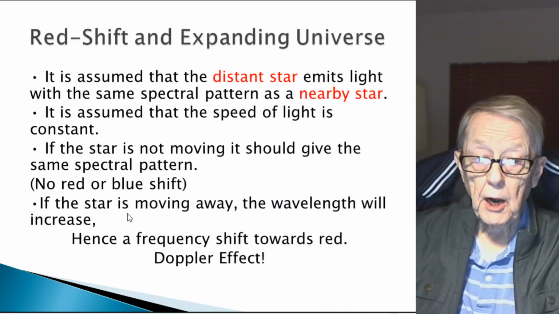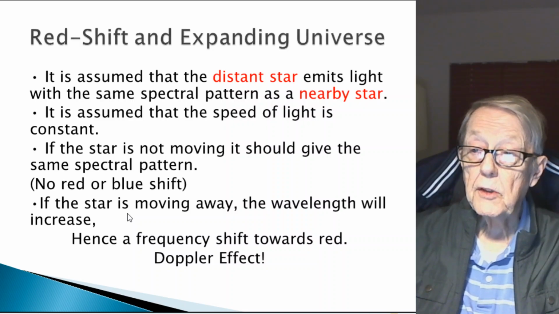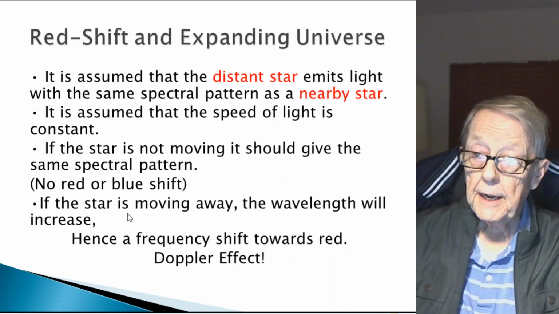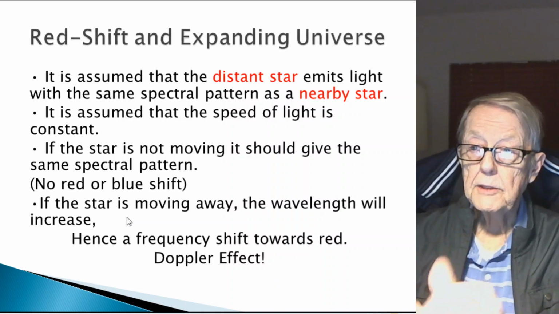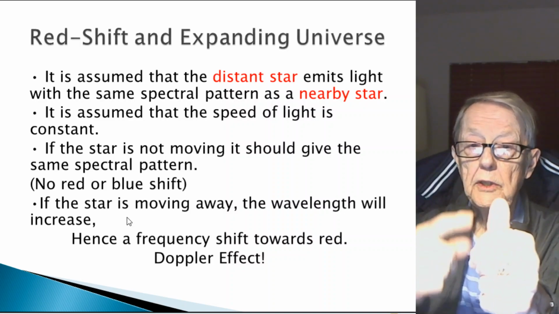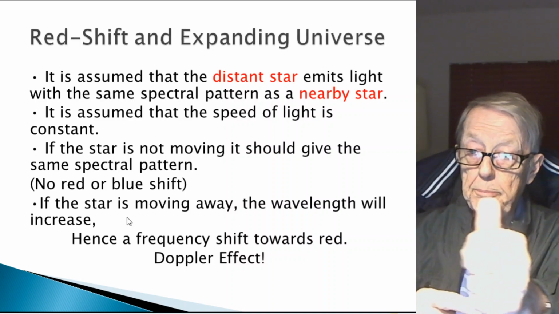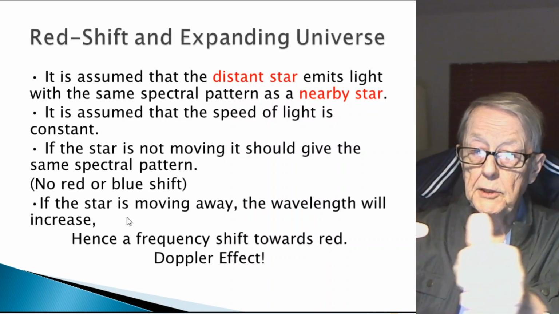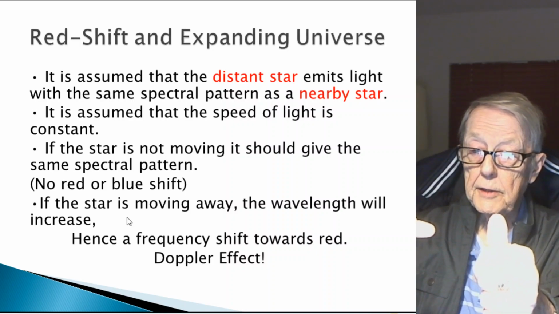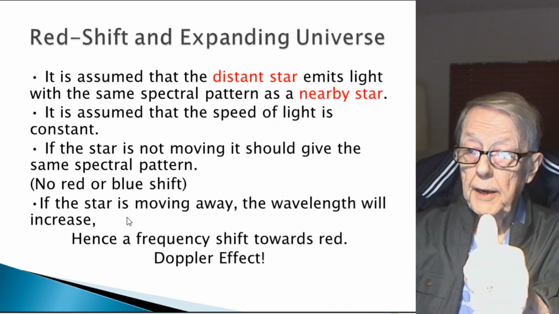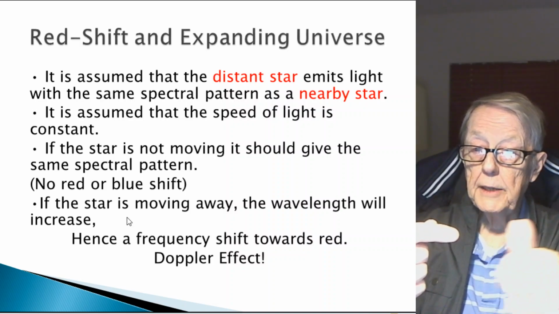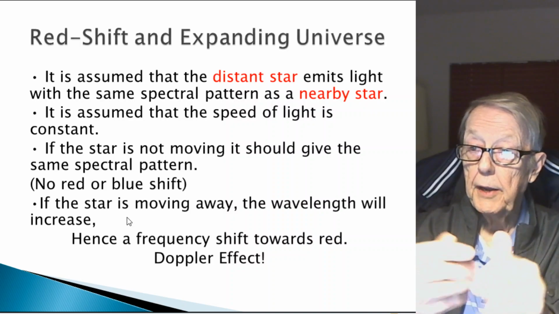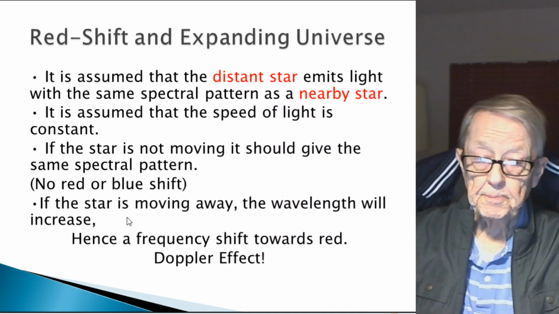If the star is moving away, the wavelength should increase, because as the source releases one peak and the peak starts moving, if the source is moving away, the wavelength gets bigger.